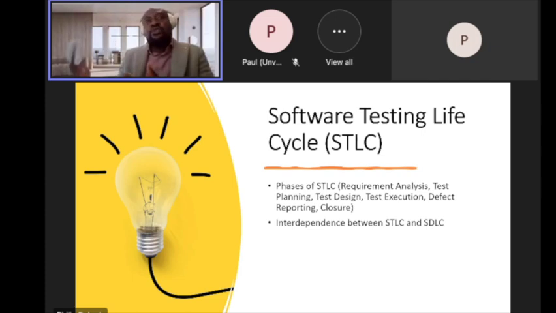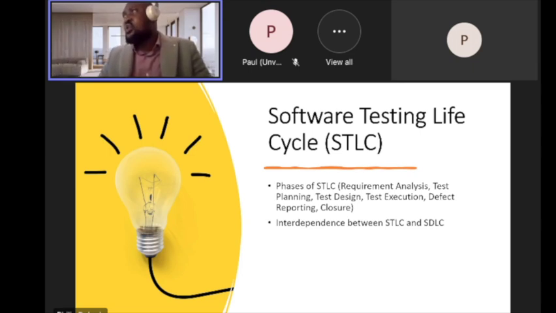So testing will now close the ticket and say the requirement has been met. As I mentioned earlier, software testing is more about finding a bug. So this is one of the major cycles that software testing goes through.